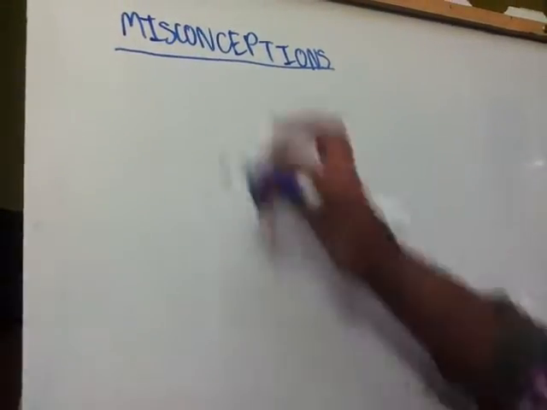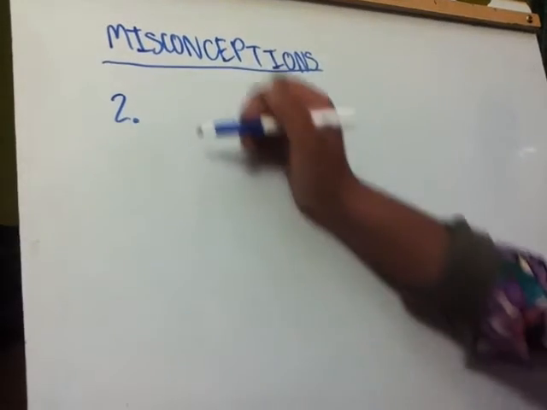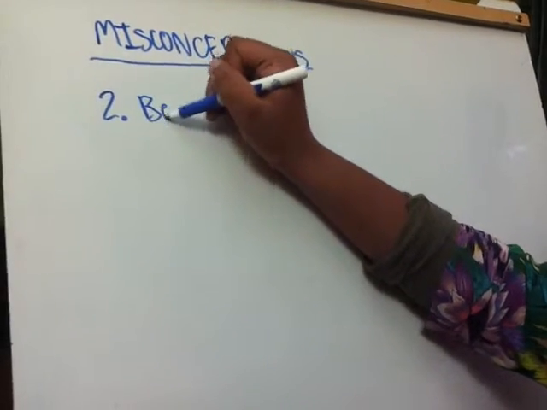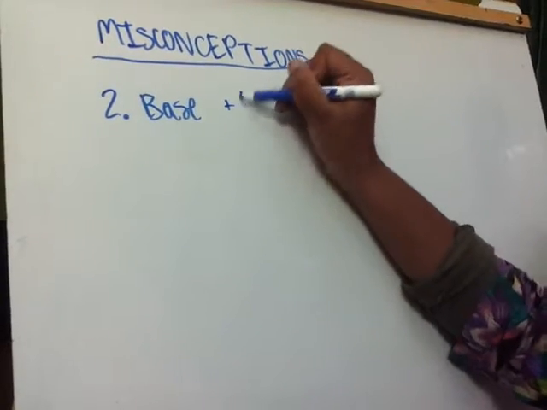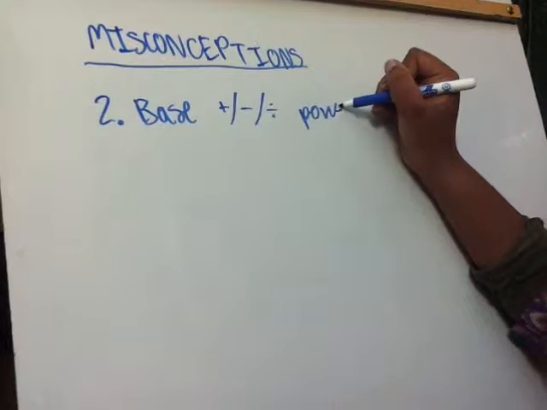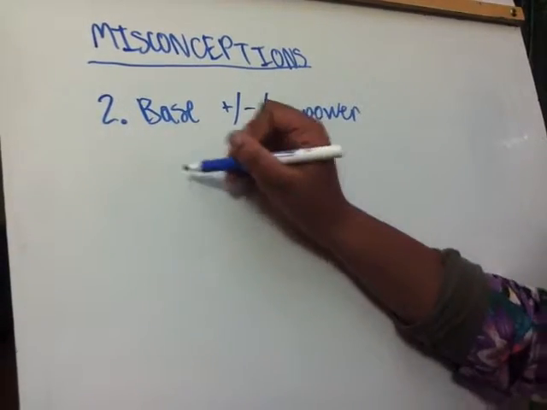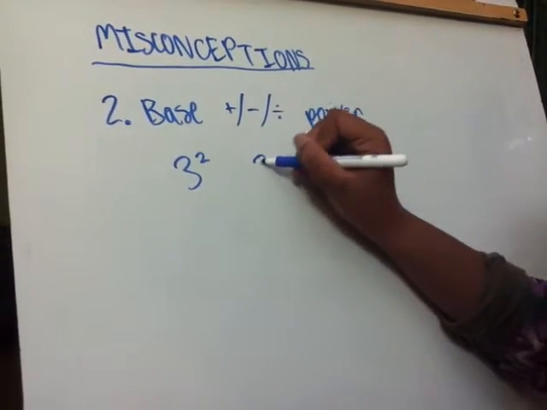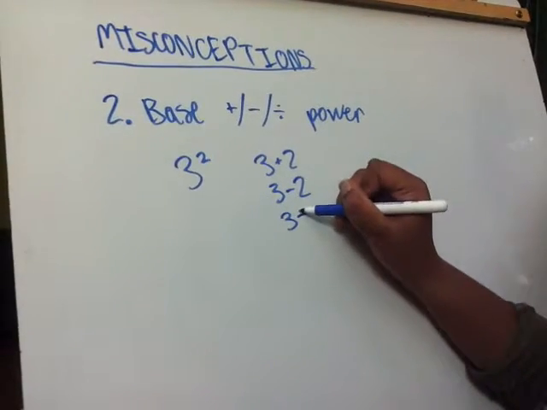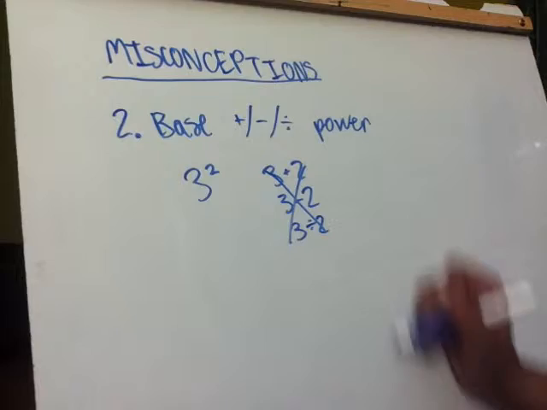Another possible misconception is that you take the base and either add it or subtract it or divide it by the power. So in 3 squared, that would be 3 plus 2, or 3 minus 2, or 3 divided by 2. But those are all wrong.